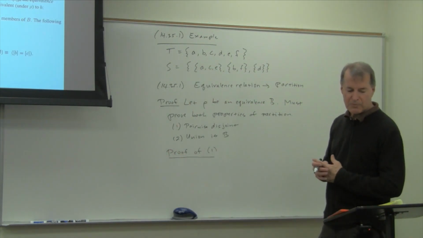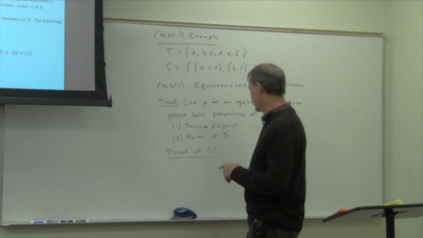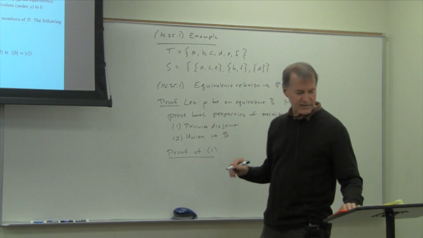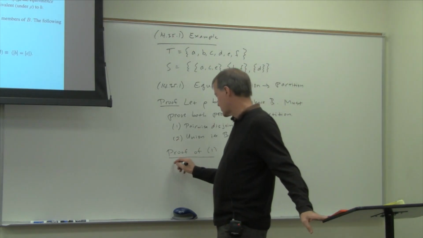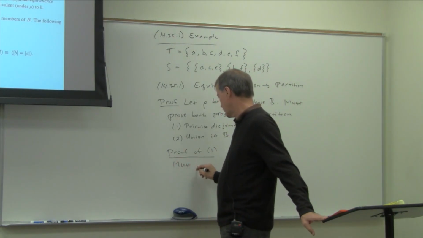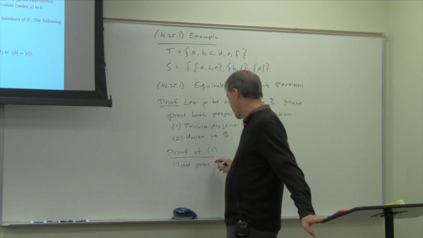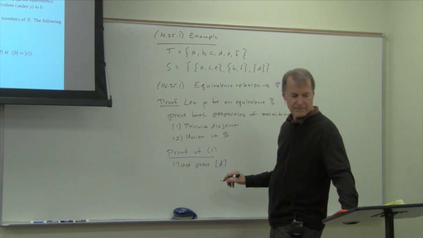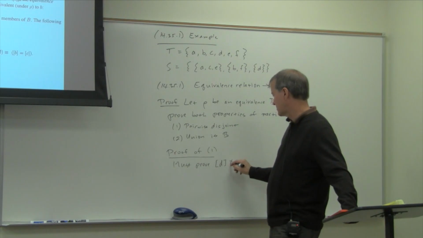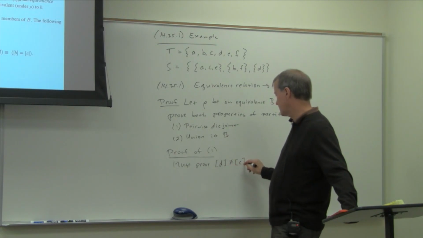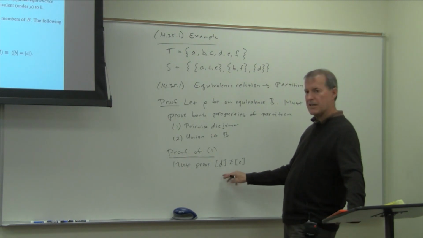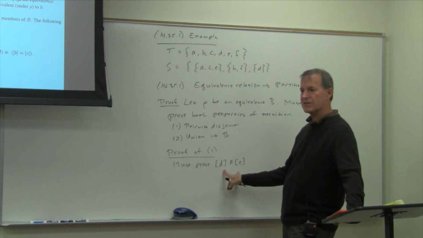Now, what must we prove in order for them to be pairwise disjoint? We must prove that equivalence class D does not equal equivalence class E. What I'm saying is that these are different equivalence classes.